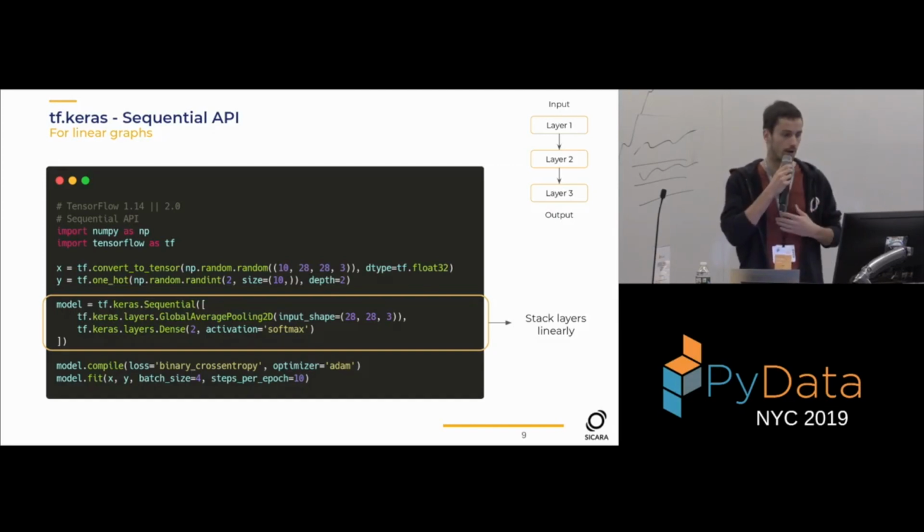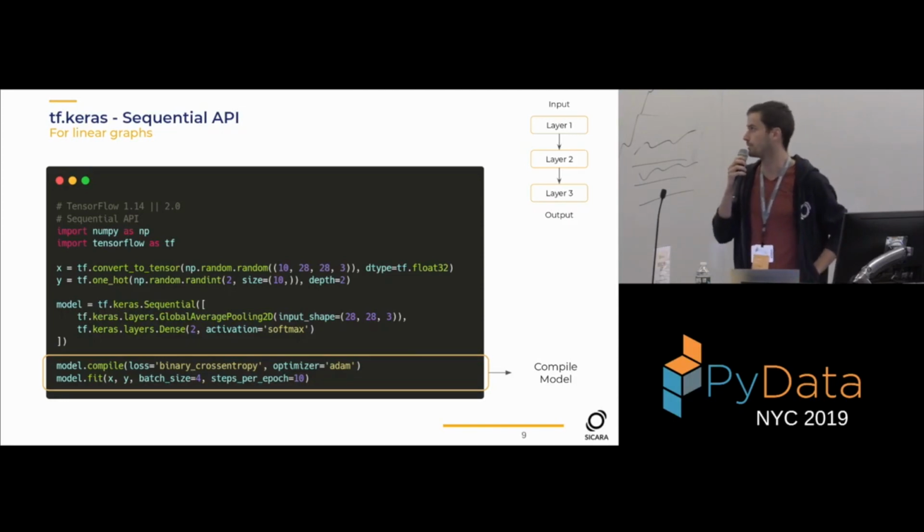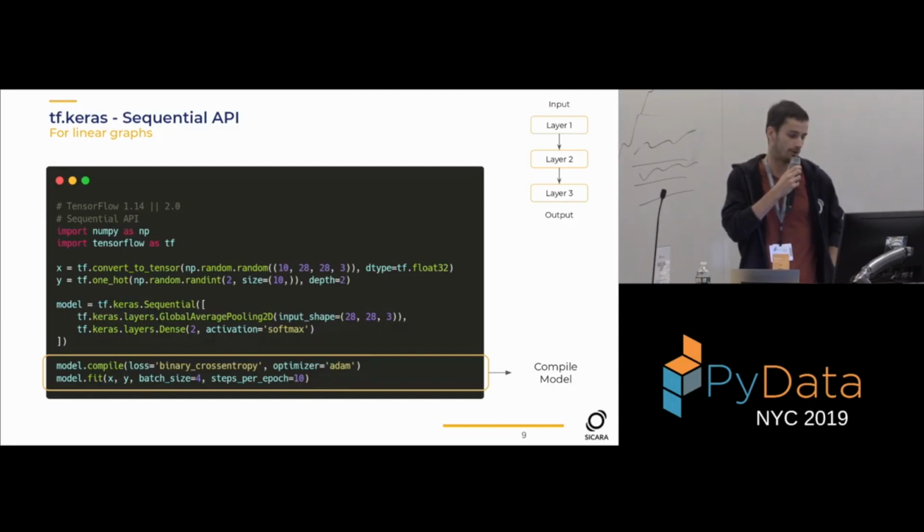For example, here we have images of 28 by 28 with three channels, and we just want to take a binary decision on it. Then you just compile it, specifying a loss and an optimizer. Eventually, you can define some metrics you want to get during the training process, and then you can fit it on your data to train the model.